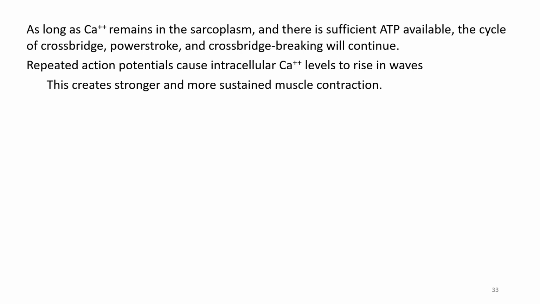Any repeated action potentials will cause the intracellular calcium levels to rise in waves. And this gives us stronger and more sustained muscle contraction. Remember, the whole thing of contraction depends on the availability of calcium.